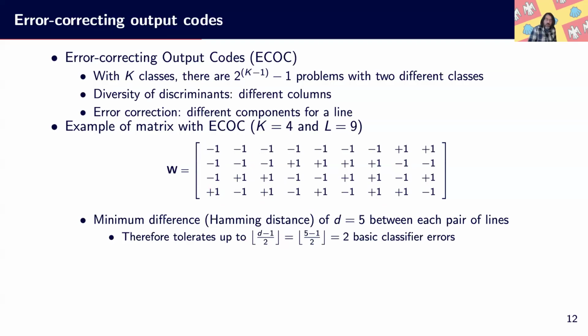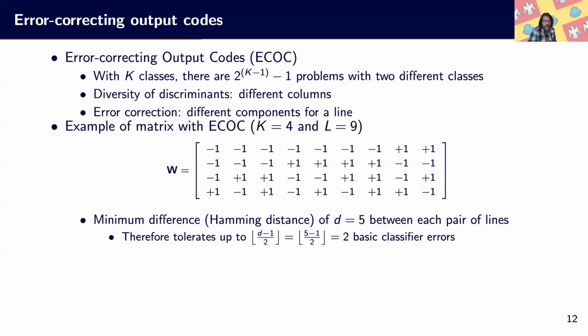So we are looking at the minimum Hamming distance, which is d equal to 5 between each pair of lines. Given that the minimum Hamming distance between the 6 pairs of classes is 5, if we apply the formula, it means that we are looking at d equal to 5 minus 1 divided by 2, and we just round down, floor.